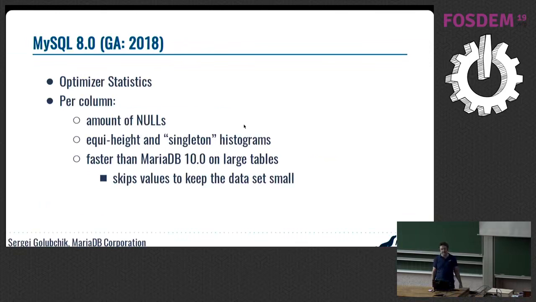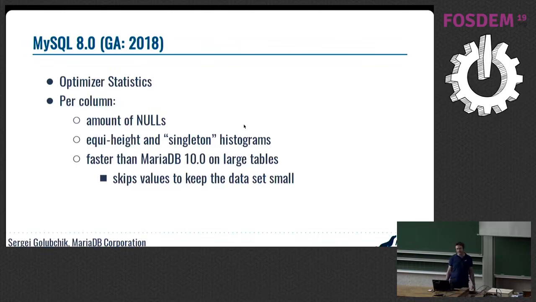Last year, MySQL 8.0 went GA. They implemented a conceptually similar feature. It's called differently, optimizer statistics in MySQL, and they remember the amount of nulls per column. But they have two different kinds of histograms: equi-height histograms and singleton histograms.